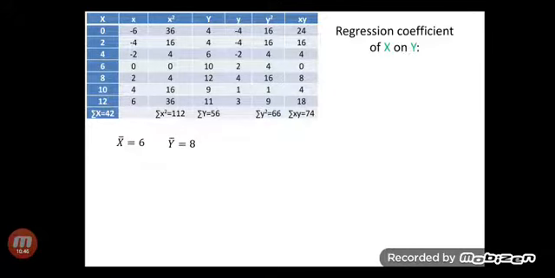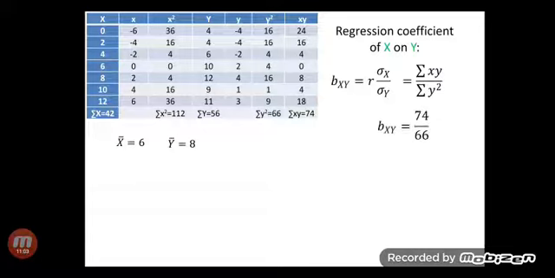Now the regression coefficient of x on y is bxy is equal to r into sigma x by sigma y, and that is equal to summation xy by summation y square, and that is equal to, we put the values of summation xy, that is 74, divided by the value of summation y square, that is 66.